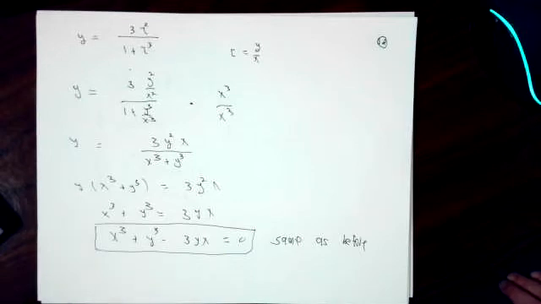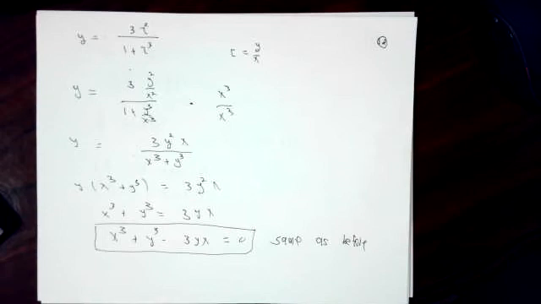Multiply through by the denominator. y times (x cubed plus y cubed) is 3 times y squared times x. Divide through by the y, assuming it isn't 0, and you find out that x cubed plus y cubed minus 3yx is 0, which is the same equation that we had using the x formula.